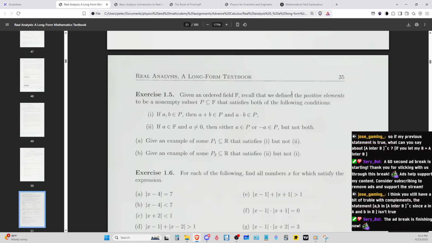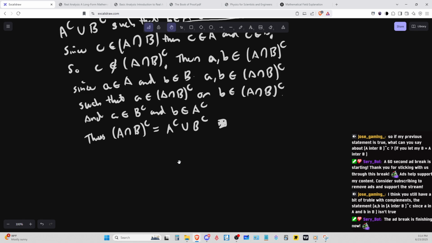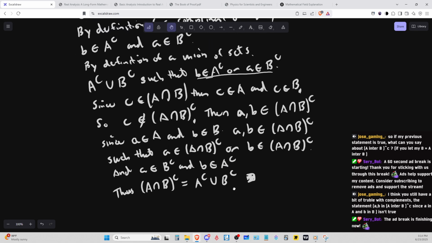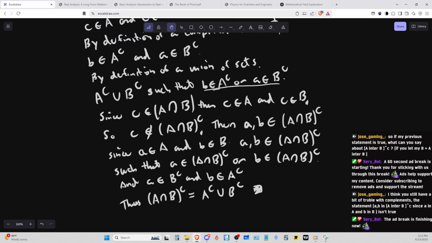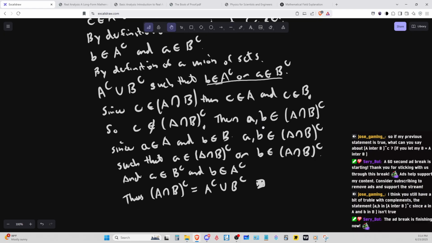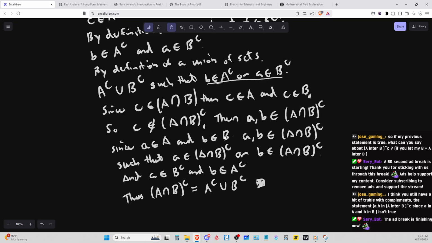I think you still have a bit of trouble with complements. The statement A and B and complement C, and since A and B isn't true. So what do I have to change from here?